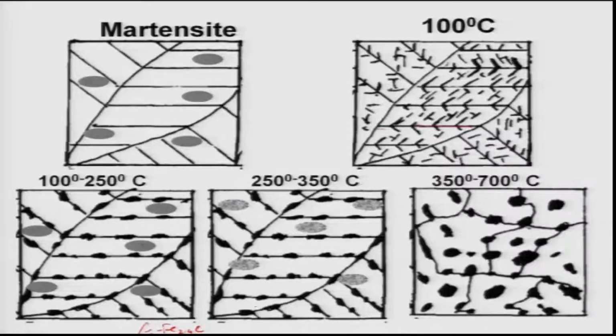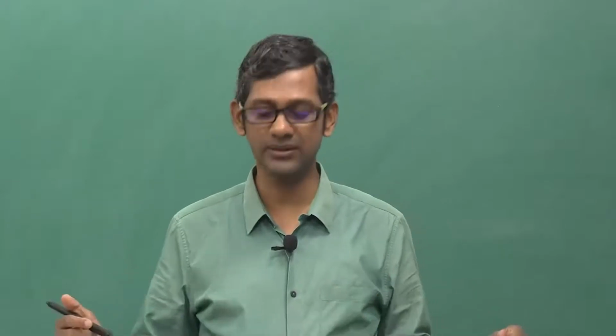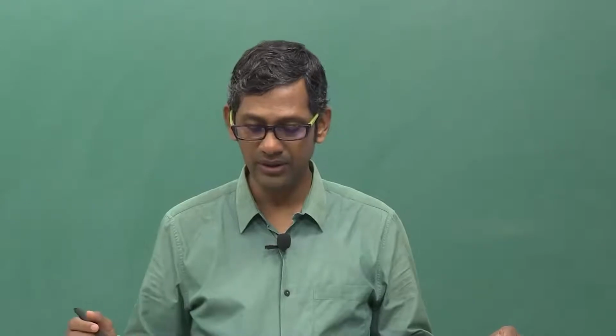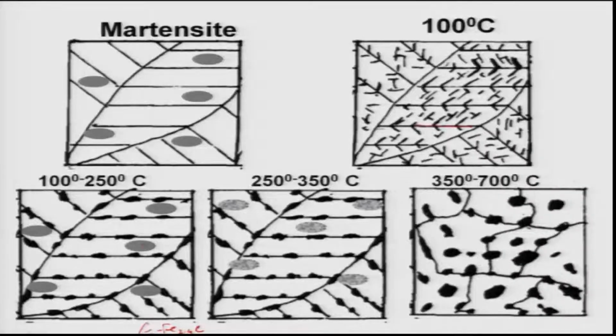Now as you heat to very high temperatures, very close to the eutectoid transformation temperature, about 650 to 700 Celsius, these carbides will start becoming Fe3C, or basically cementite. And not only that, cementite carbides will look spherical, because at a high temperature they can form nice distorted sphere structures, along the boundaries or inside the defect structures which are still present in the microstructure.